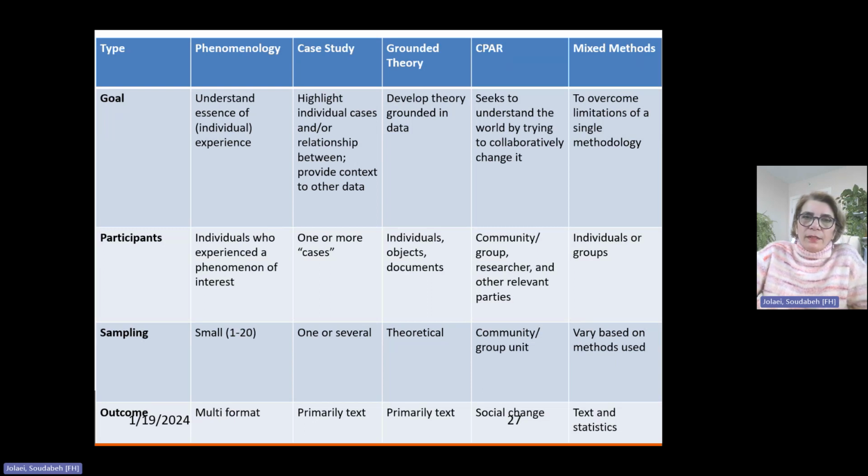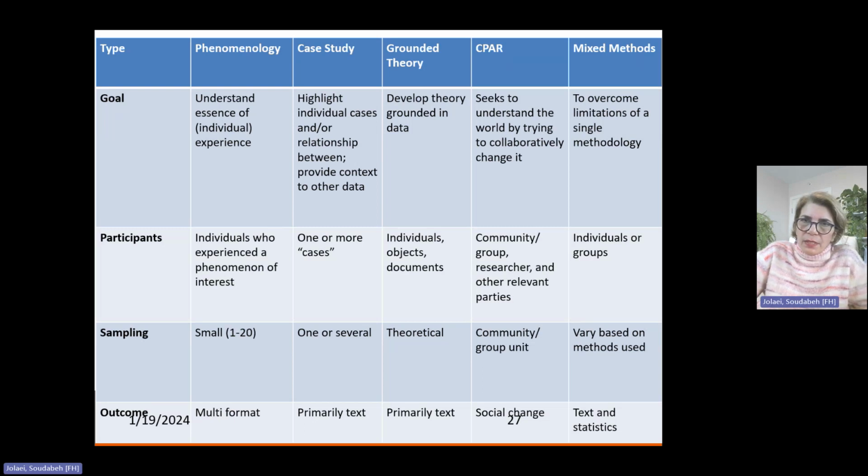In grounded theory, we want to develop a theory grounded in the data that we have. The participants are community, group, researcher, and other relevant parties. The sampling is in a community or group unit, and the outcome is the social change that we expect.